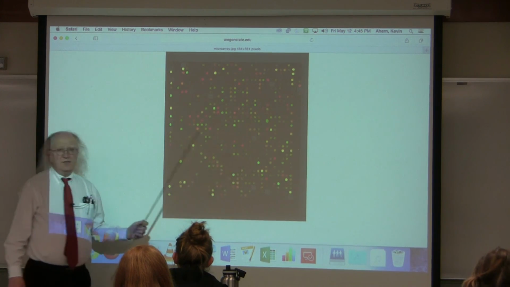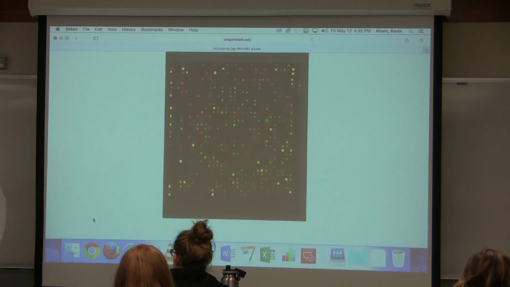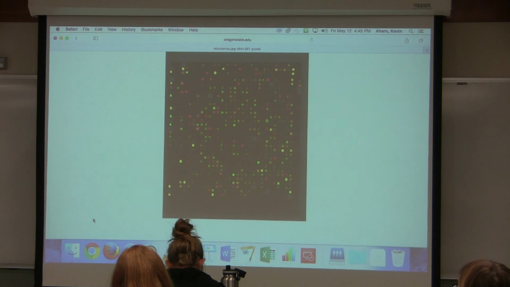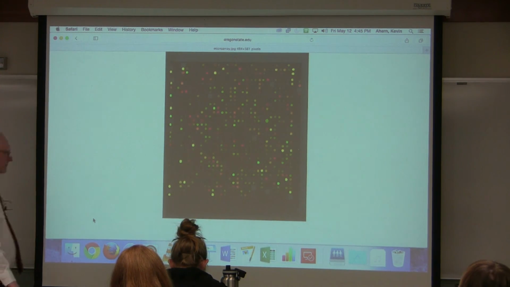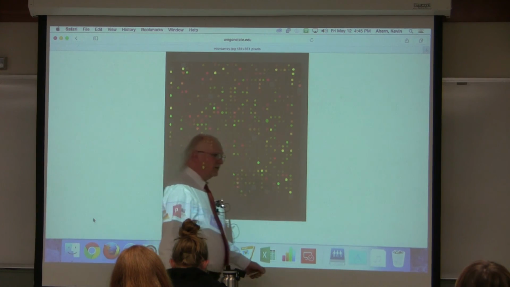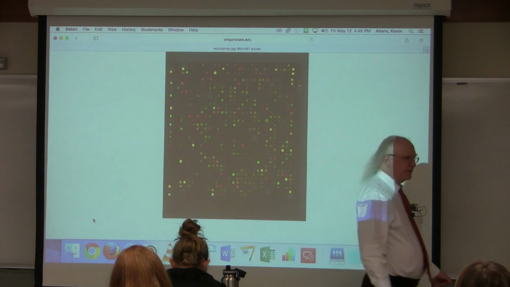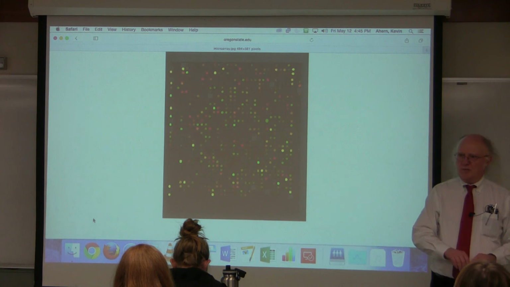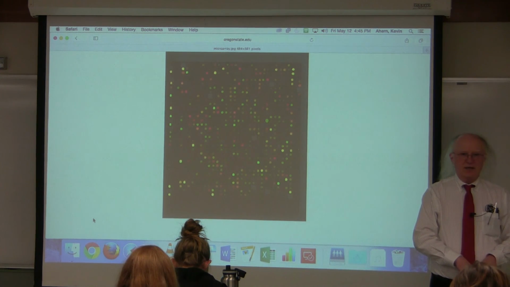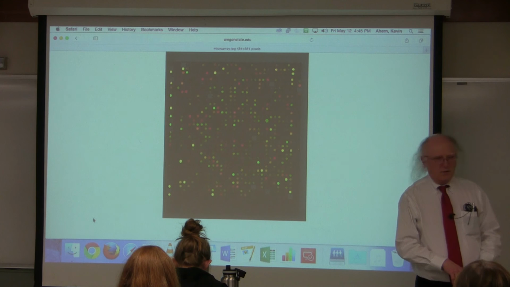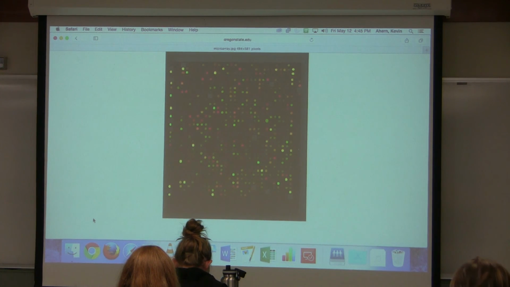What I've just described to you is something we call transcriptomics. It tells us what the transcriptome is. The transcriptome is the collection of genes in a cell that are being transcribed.